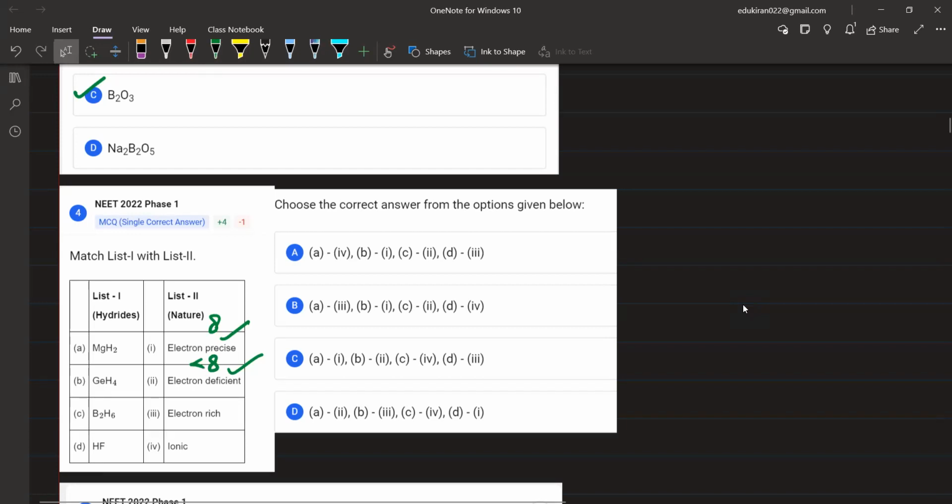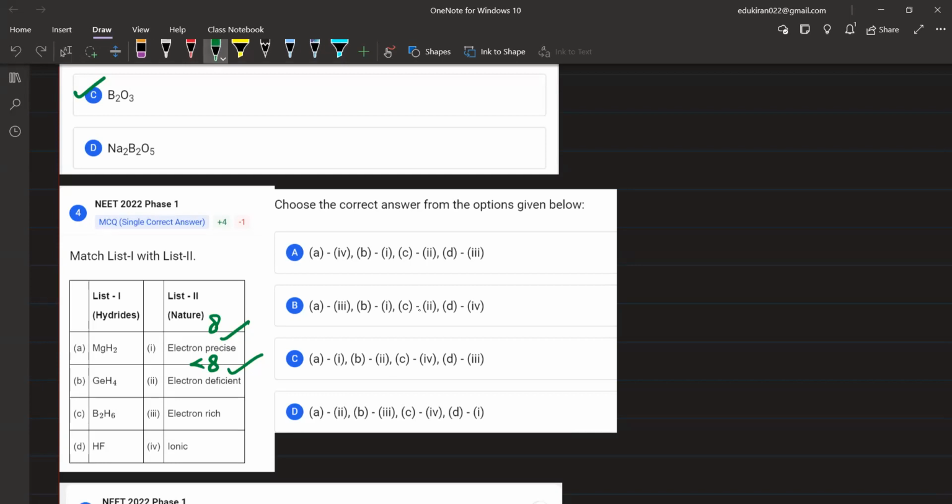If it is electron rich, it will not be having कि एक से ज्यादा इलेक्ट्रॉन इसके पास नहीं आ जाएगा, right? It is going to be having lone pair electron, something like that. Okay, so electron rich का मतलब it will be having lone pair electrons.